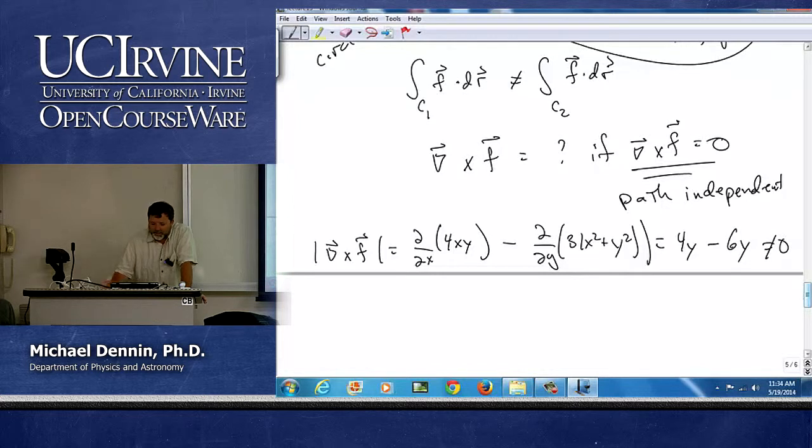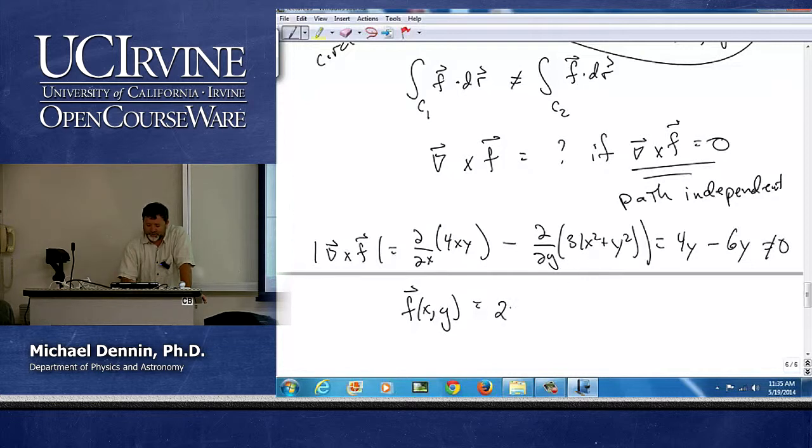Notice, how could I adjust my function? And there's lots of ways I could do this. But what's a simple adjustment I could make that would make this 0? To say, the x component. How could I adjust the x component of this function so that my curl is 0? Say again?